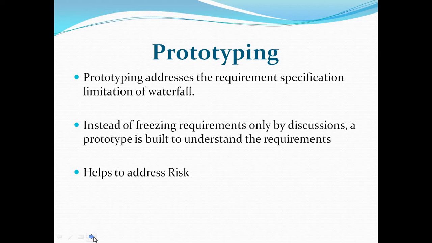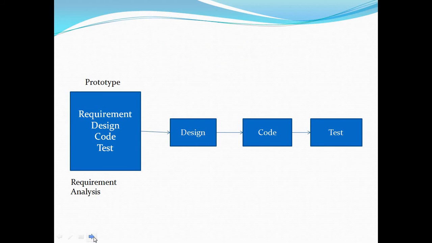So let us try to understand prototyping. Prototyping addresses the requirement specification limitation of the waterfall model. Instead of freezing the requirements only by discussion, a prototype is built to understand the requirements. This helps to mitigate risk. What happens here? First we build the prototype and test the requirements. We go for designing, coding and testing, and this is shown to the customers.